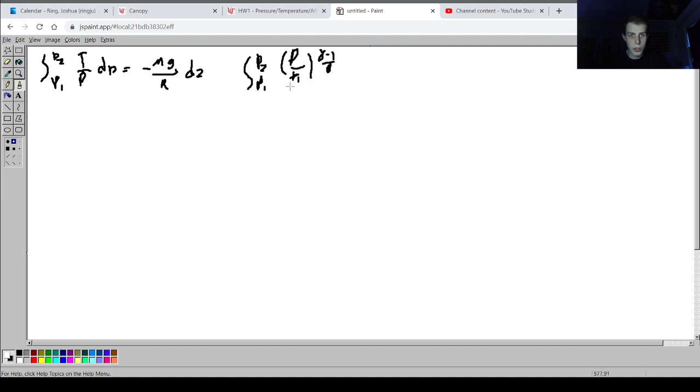And then this is going to be over p. And we still have our dp. And this is equal to, obviously, the same thing we have over here. This hasn't changed. So negative mg, I'm actually just going to write the dz up here. All of that is over r. Remember the dz being the change in altitude.